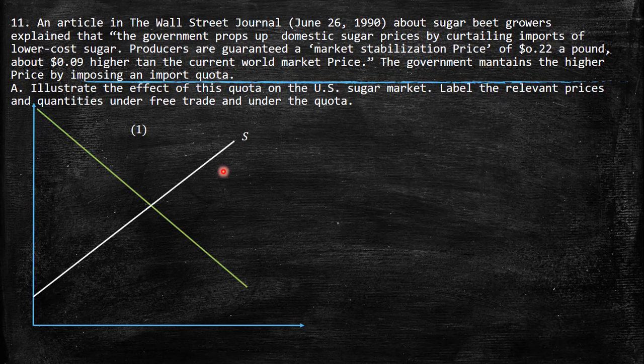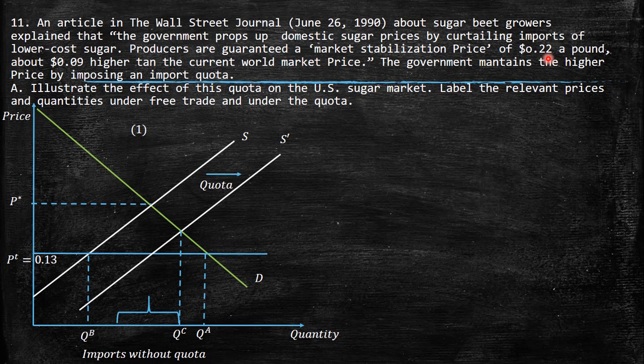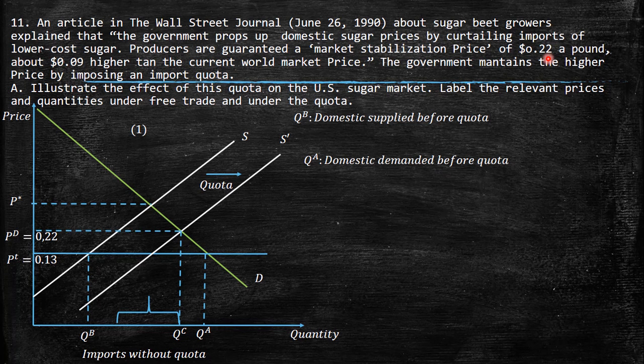So here we have again supply and demand. This one is P equal to 0.13, because plus 0.09 is going to be 0.22. Okay, so this one is going to be the quota. You have here the PD, now it is going to be 0.22.